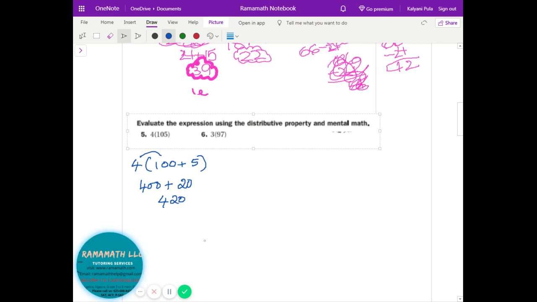So that's the reason the distributive property helps us make math easier and smaller too. Okay? Not only the plus, we can use the minus also. So it's 97. How can you write it? 97 is 90 plus 7, or 100 minus 3. Whichever way you can use. Go ahead and answer that.